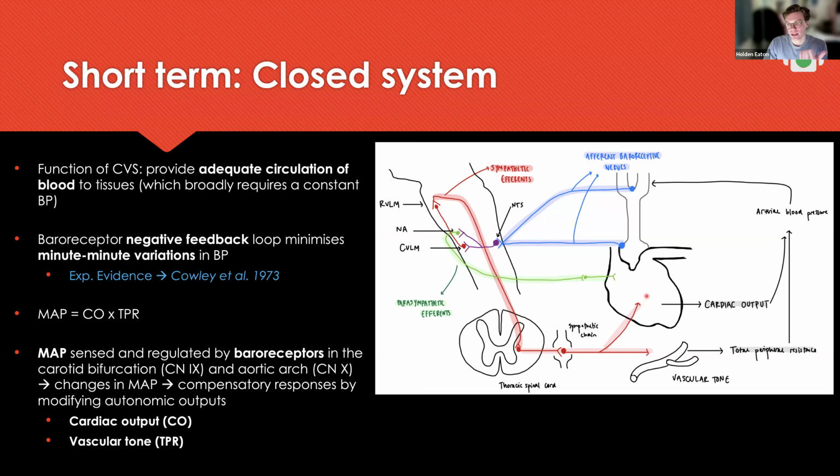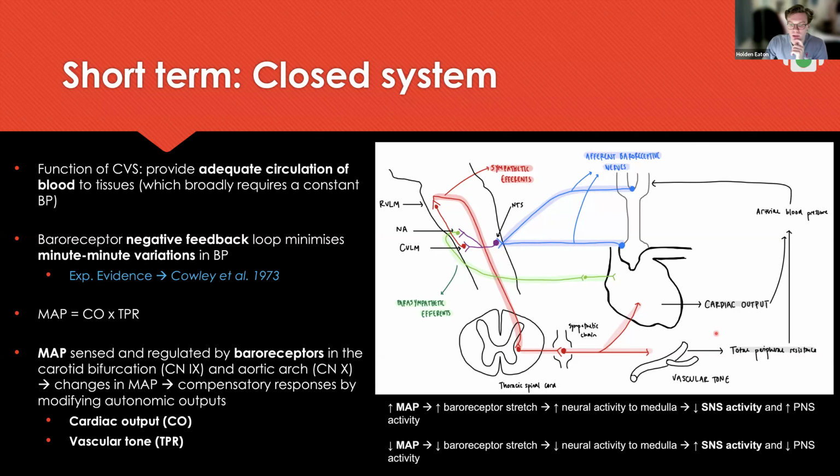That's contractility, chronotropy and inotropy, which is speed and strength of contractions. And then you also have control of vascular tone. If we think of mean arterial pressure as the product of cardiac output and total peripheral resistance, short-term changes in these two outputs will feed back into a change in mean arterial pressure and therefore close that loop.